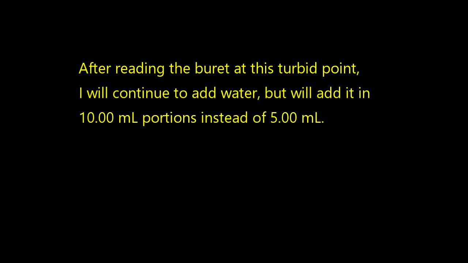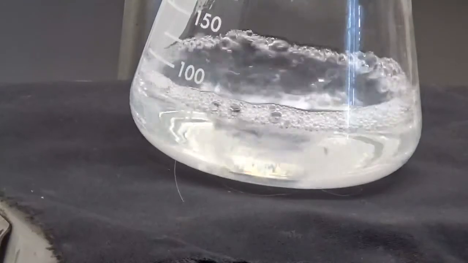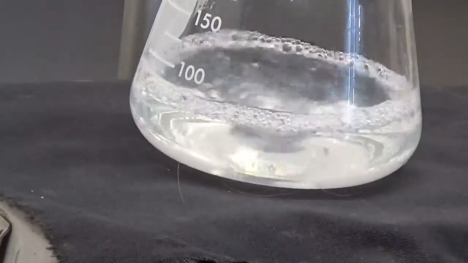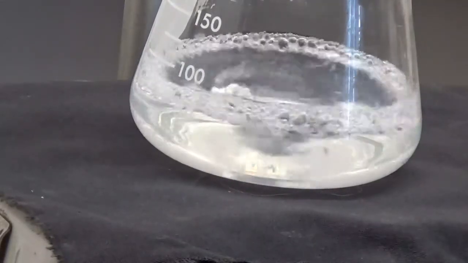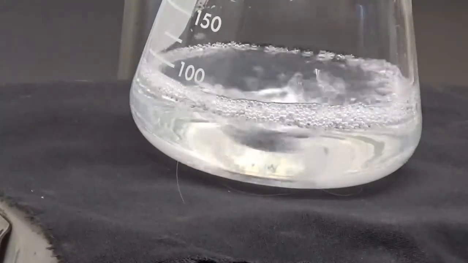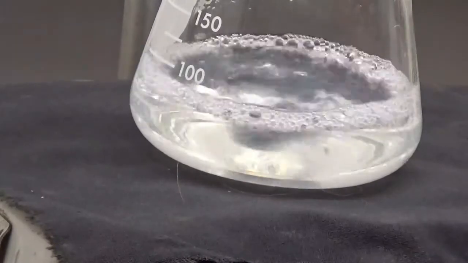All right, so now we're going to switch to adding 10 milliliter portions of water instead of 5. And now I'm going to add 10 milliliters of water. I'm going to do that, oh my, 8 times to get all this data. So I'm not sure I'm going to make you watch all this, but I'm going to get a 10 ml pipette for the water.